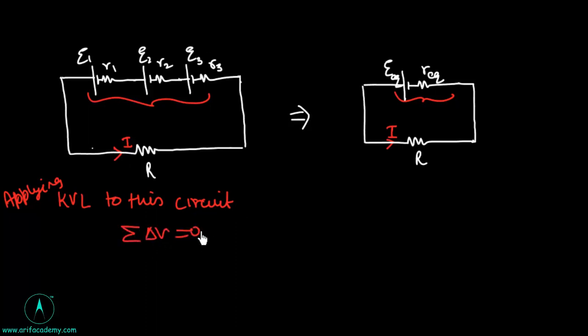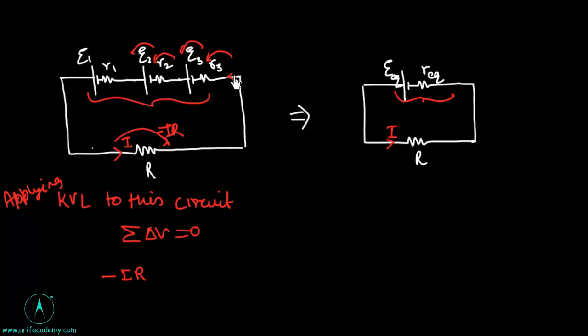delta V equal to 0. I mean, there is a drop of IR, minus IR here, minus IR, and if I go to this, then this resistor, then this, we see we are moving along the direction of current.